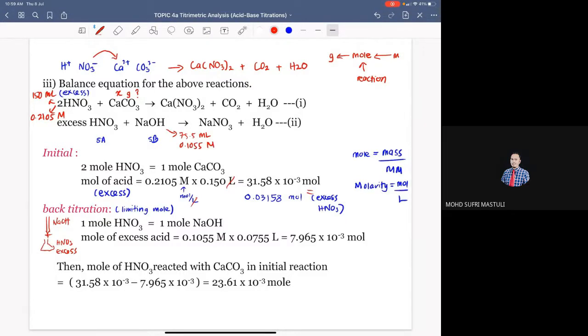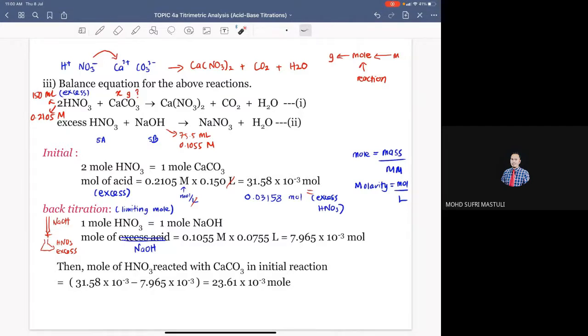So we can calculate the mole of sodium hydroxide, using the formula of molarity.